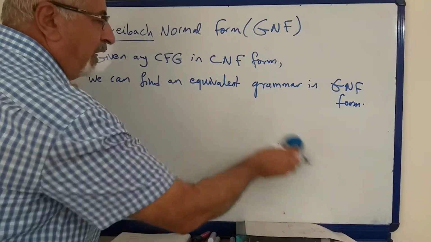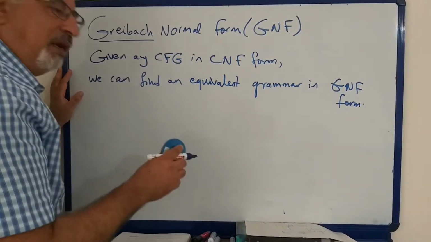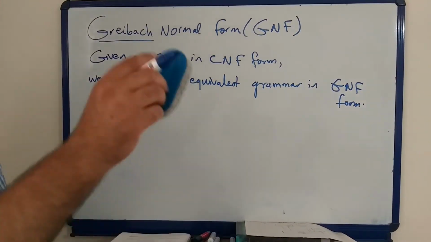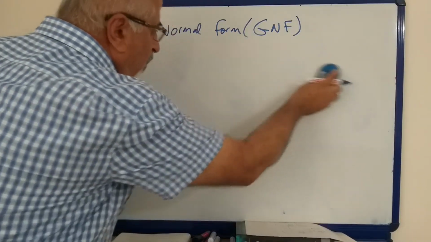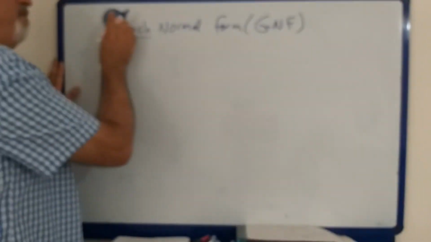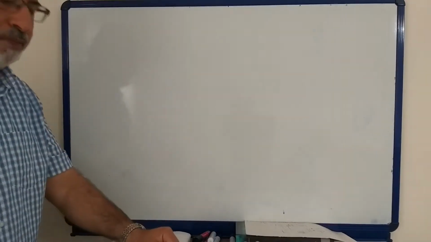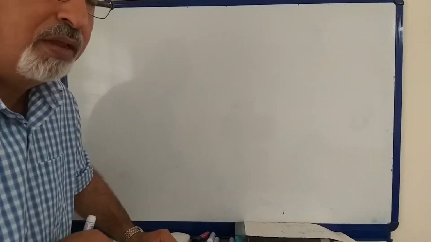Now, we understood what the grammar is. It is a single terminal followed by any number of non-terminals. All the productions are of this form. Before going to the GNF form, while we are doing the algorithm, we need to use another algorithm inside this algorithm.